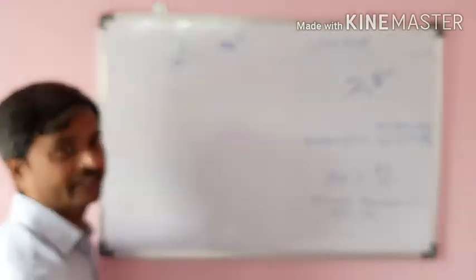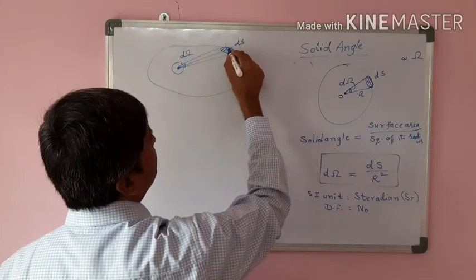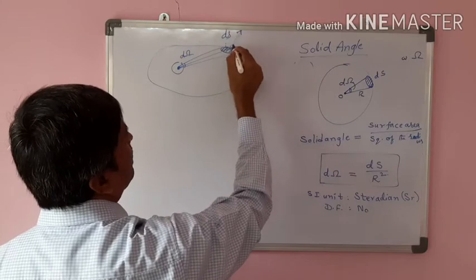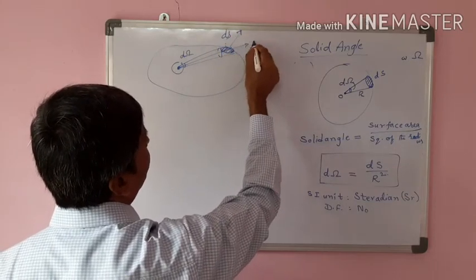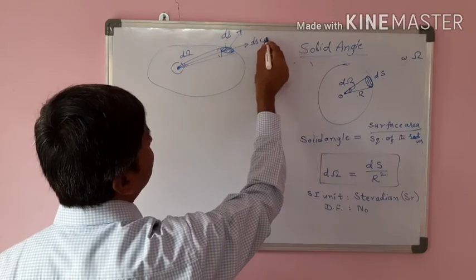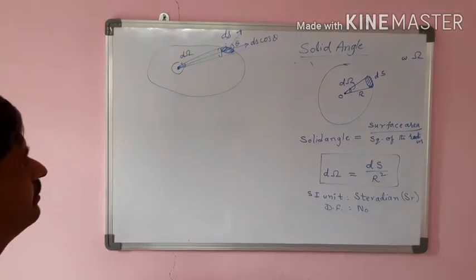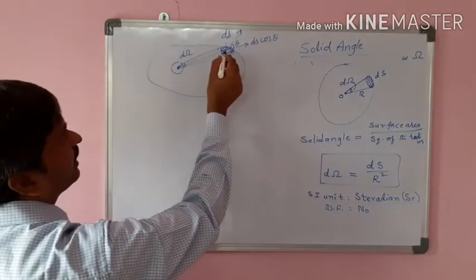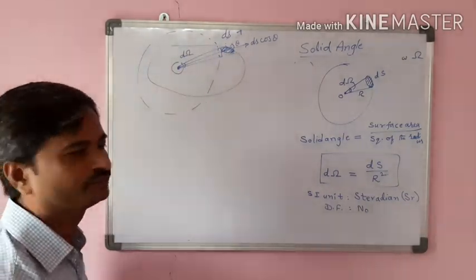See, yesterday we did this while taking the flux. So this is the surface area dS, the direction is in this direction, and the area perpendicular to this will be dS cos theta, where theta is the angle between these two. Then adding all these will form a sphere like this.